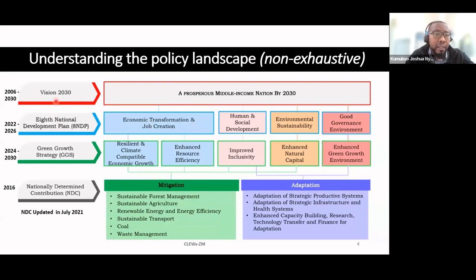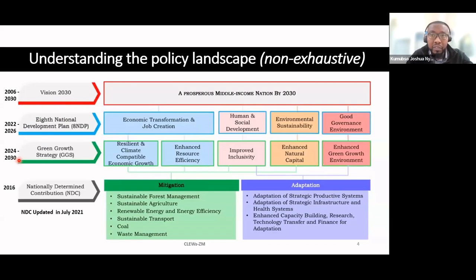Then we've got the 8th National Development Plan, which was published in 2022 and runs up to 2026. With regards to green growth, it looks at environmental sustainability and good environmental governance, to name but a few.